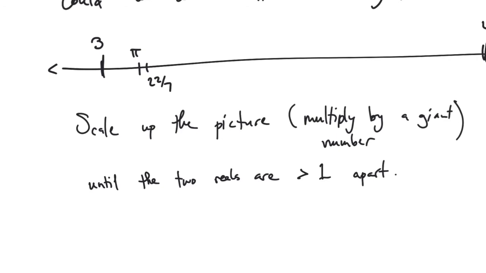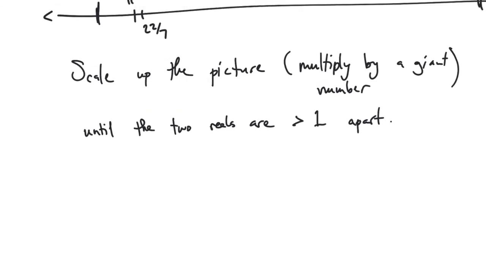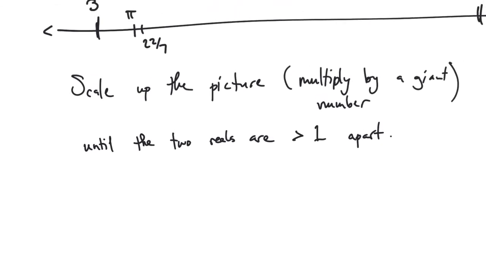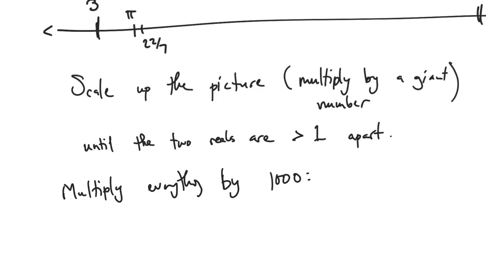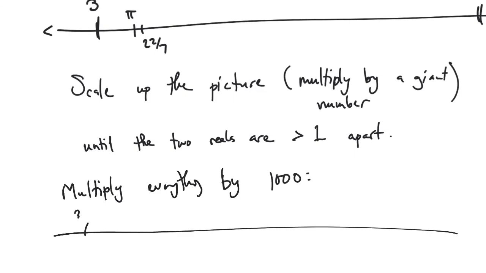Here's the idea. So we'll talk about this in more technicality next time, but we can do it just in this particular example. The idea in this case is let's multiply everything by 1,000. All right, then my picture, instead of 3 here, it starts at 3,000 and it goes up to 4,000, right?